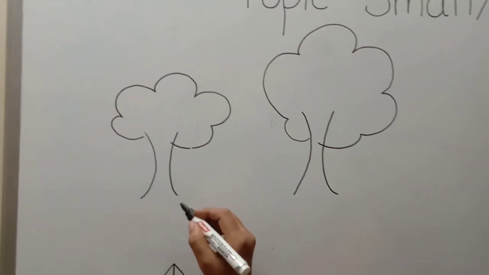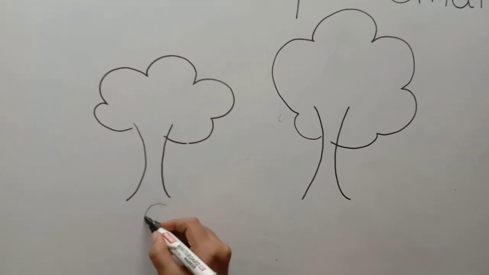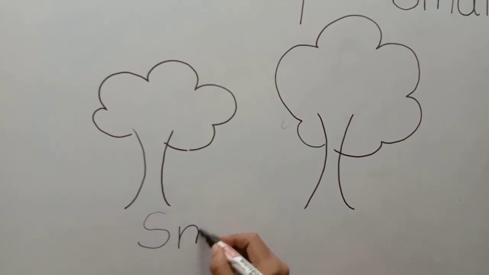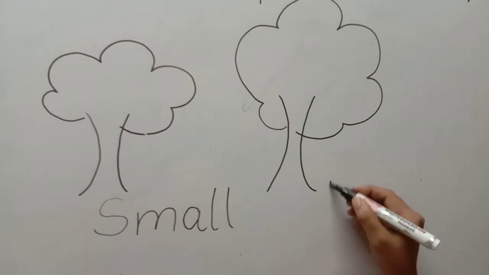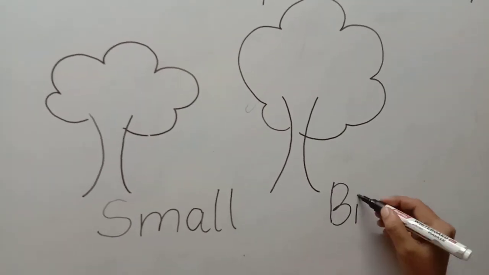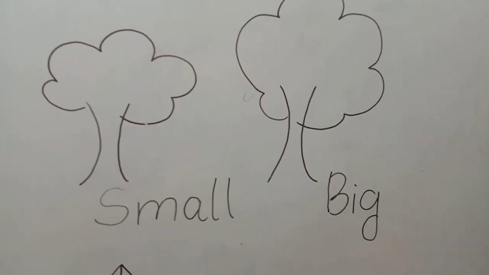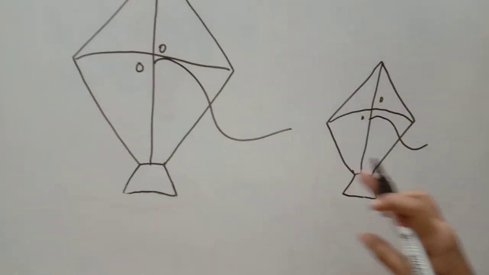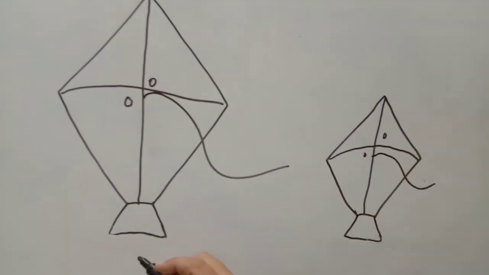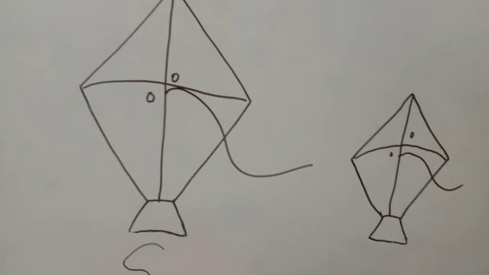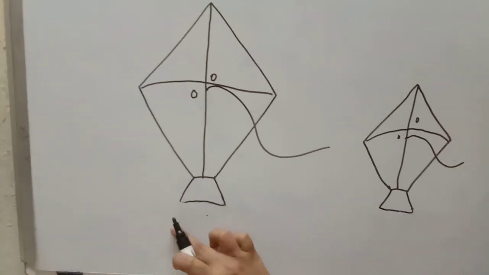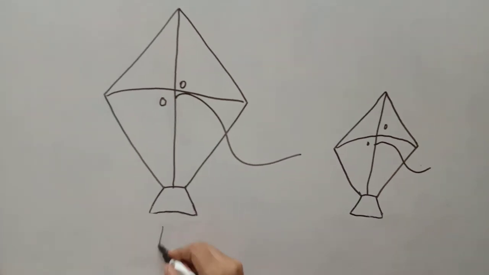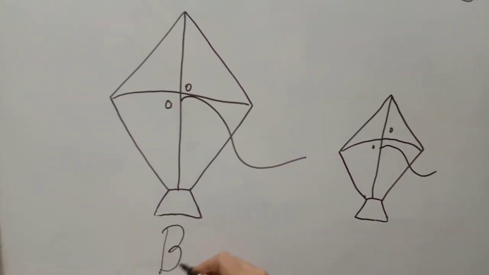Now this tree is what? Small. And this tree is big. These are kites. This is the big kite.